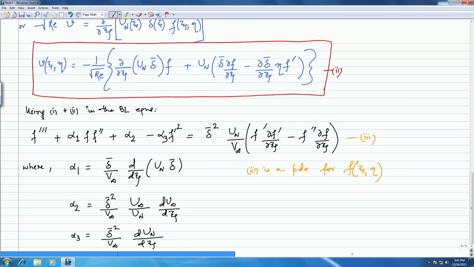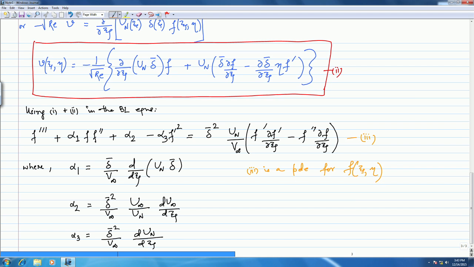Now what is interesting here is that this equation 3 is a PDE for f.